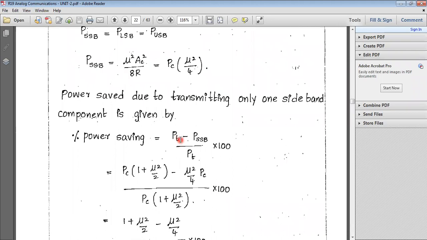It is the power required for normal AM. So the percentage power saving equals PT minus PSSB by PT into 100.